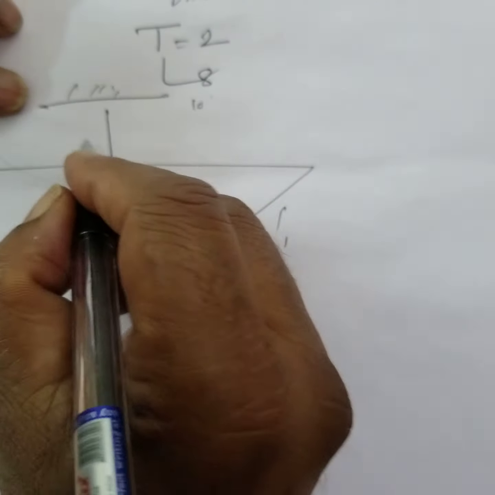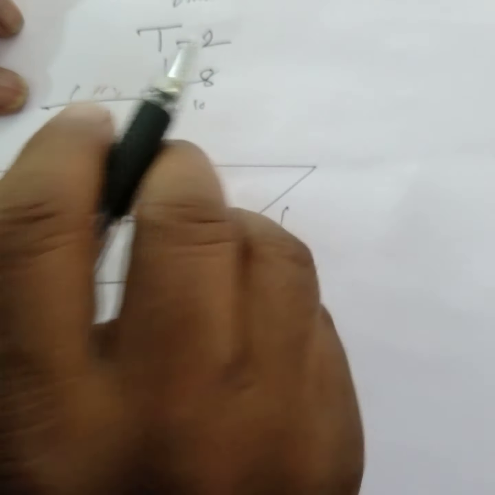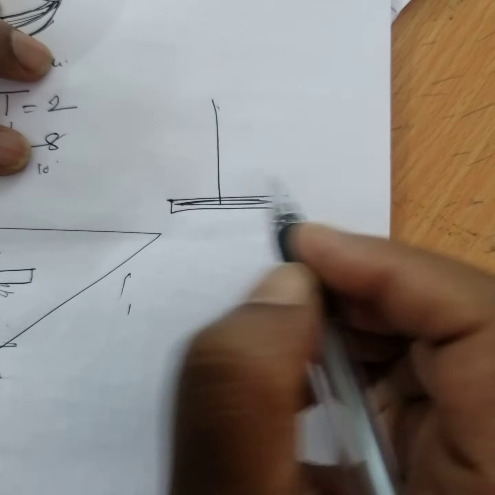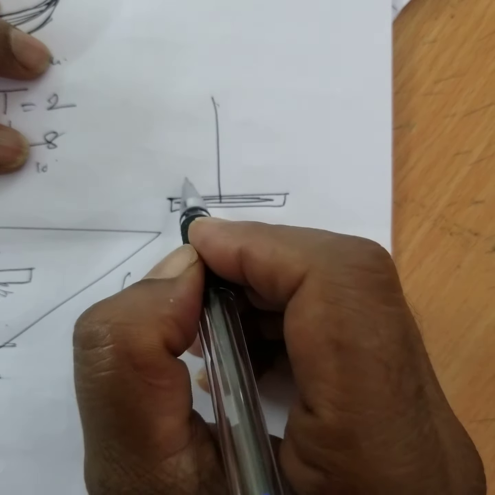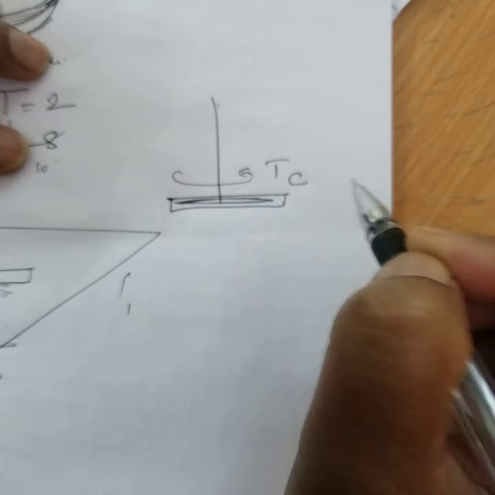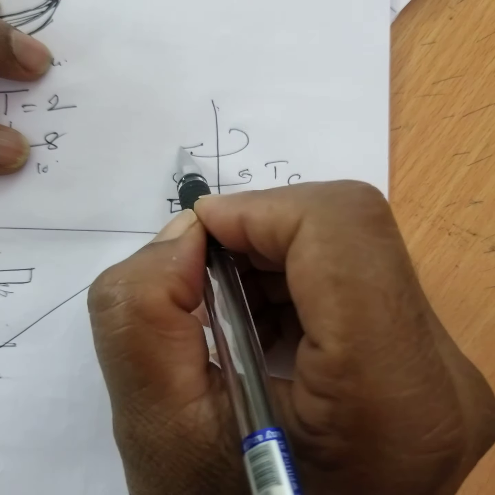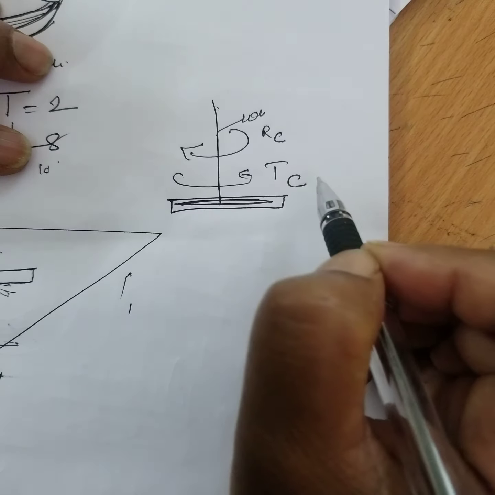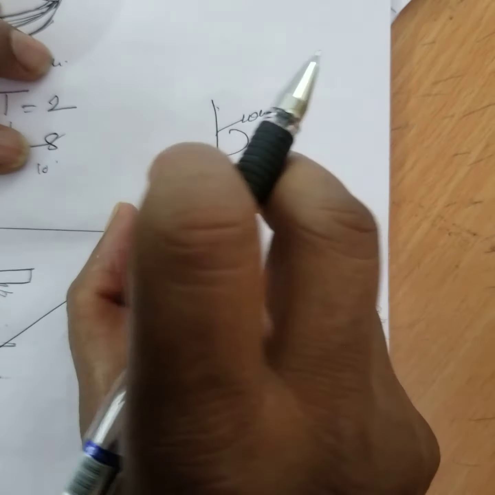This is twisting in this direction. Suppose there is a rod or a disc or an irregular body. You twist this one. This is called twisting couple. Then the wire gives a restoring couple in the opposite direction.